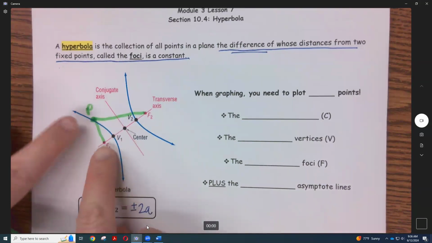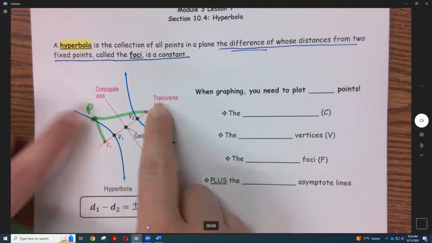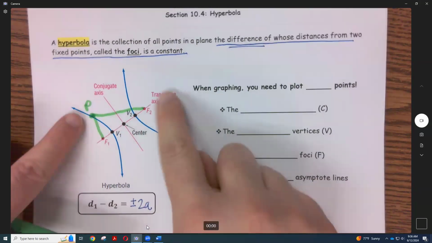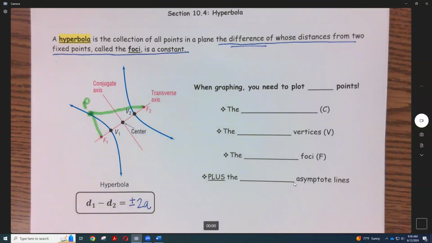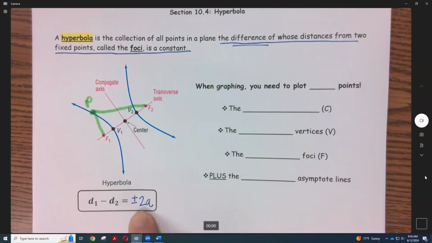So you can see here, if you subtract this distance from this one, you're going to get a negative 2a. But if you subtract this distance from this one, you get a positive 2a. So it just matters the order that you subtract, but that number value will be the same. Another way to write that instead of plus or minus 2a is the absolute value of 2a.